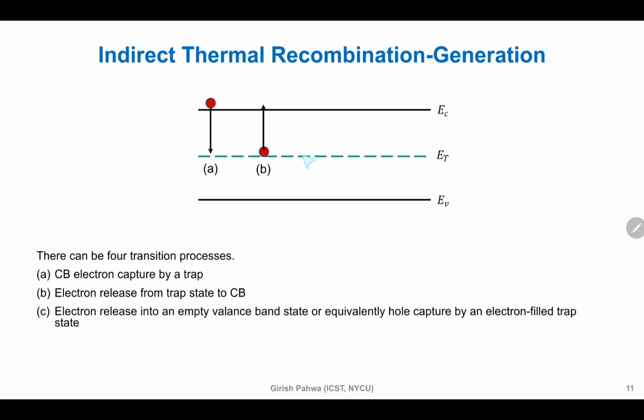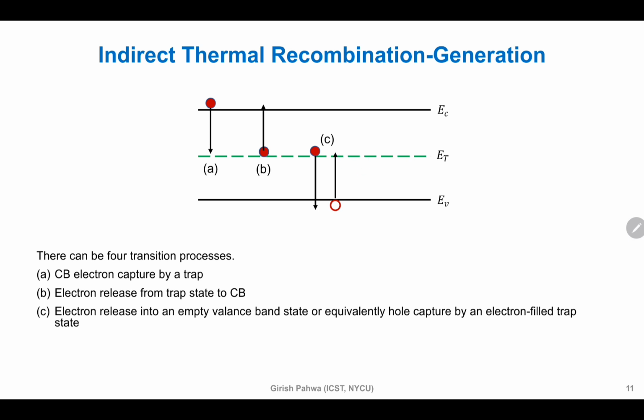Release of electron from here to here is equivalent to saying that a hole has moved up here. When the electron leaves, it leaves an empty state. Empty state means a hole, right? So either you can say that the electron has come from here to here, or you can say the hole has gone from here to here. Both are the same thing.